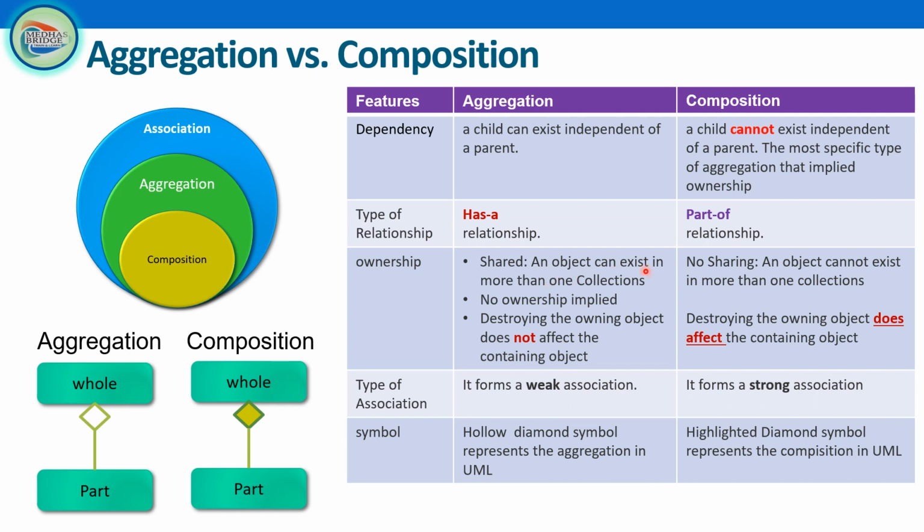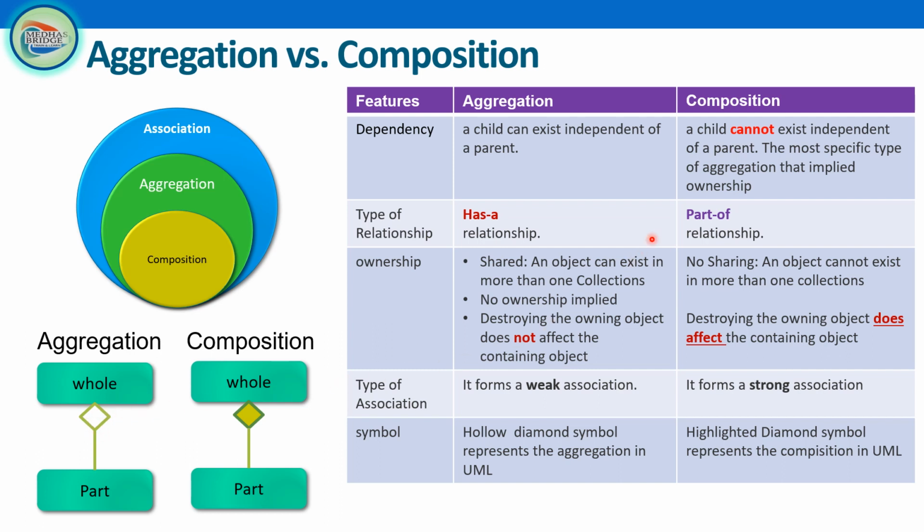An object can exist in more than one collection. There is no ownership implied. Destroying one object does not affect the containing object. This is also known as a weak association. A hollow diamond symbol represents the aggregation.